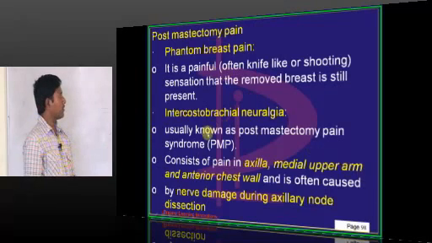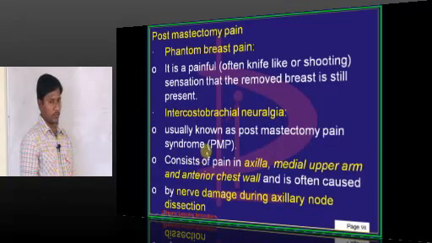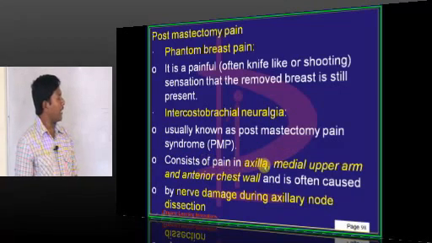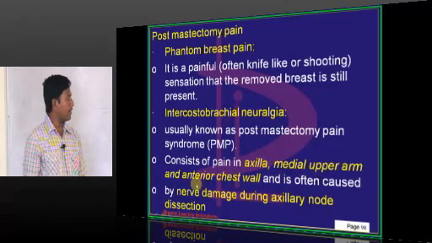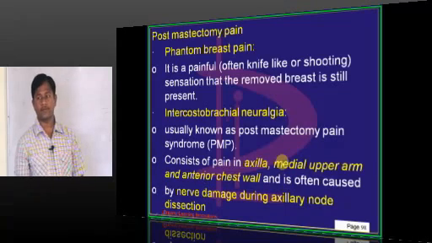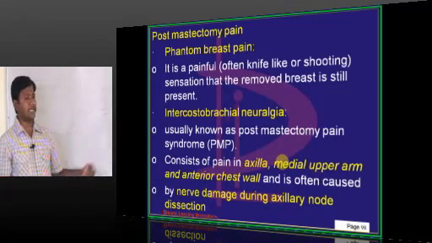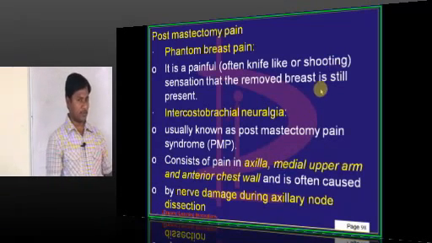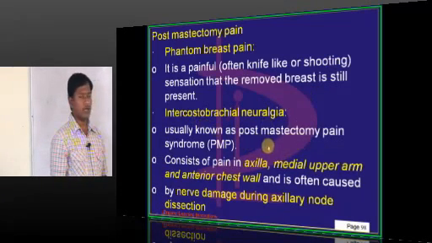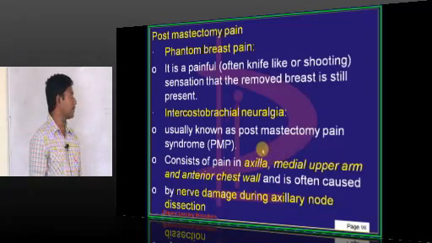That is phantom breast pain. Intercostobrachial neuralgia is also called post-mastectomy syndrome, where you have pain in the axilla, medial upper arm and anterior chest wall. This is the site of supply of the intercostobrachial nerve. That is also called post-mastectomy neuralgia.